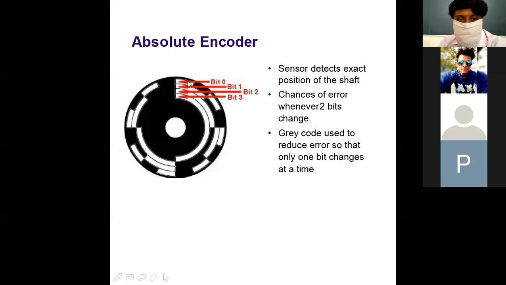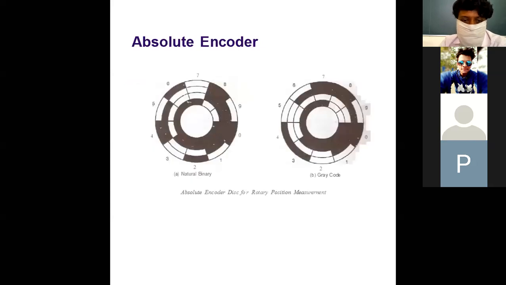Generally, these are types of feedback devices used for completing the loop of the system. That you must know. Okay. The electronic part is there: natural binary, gray code. This is just for your information.